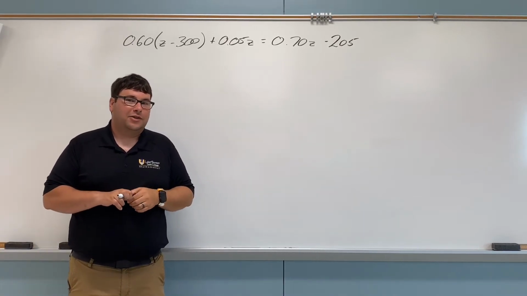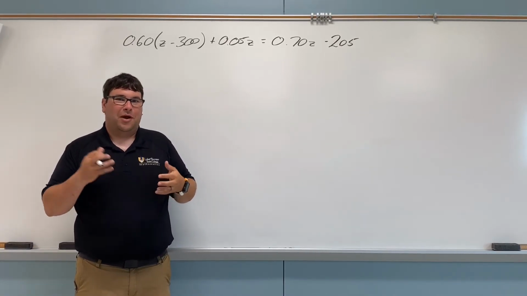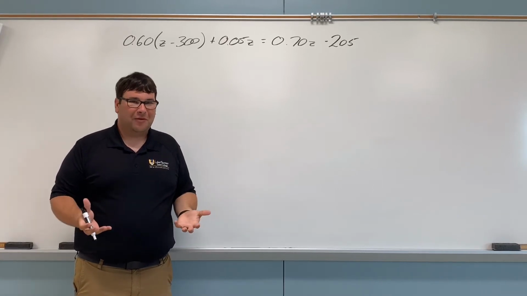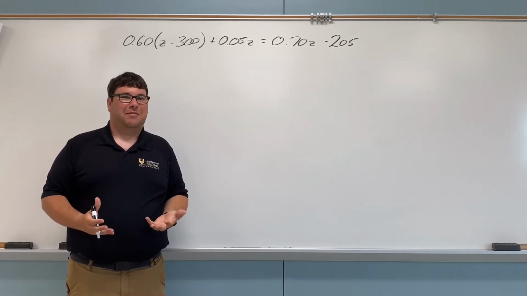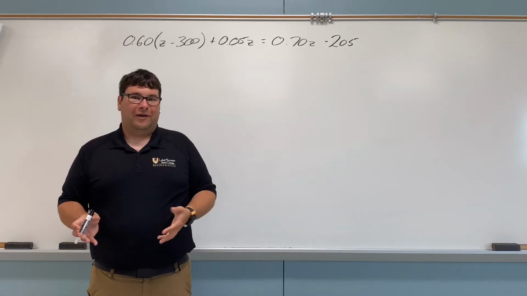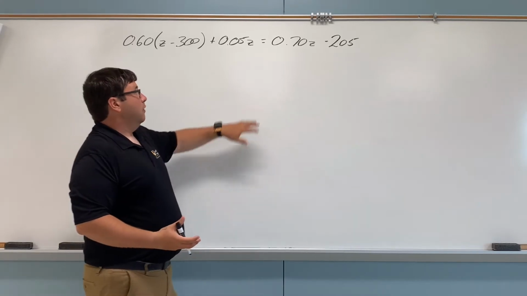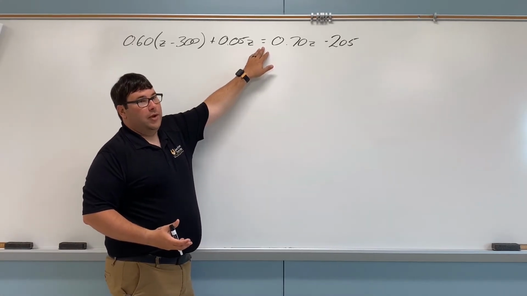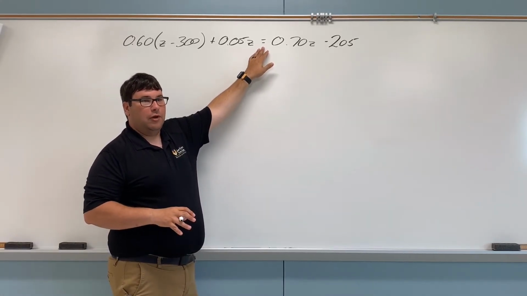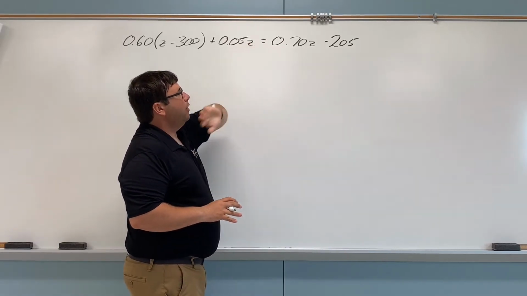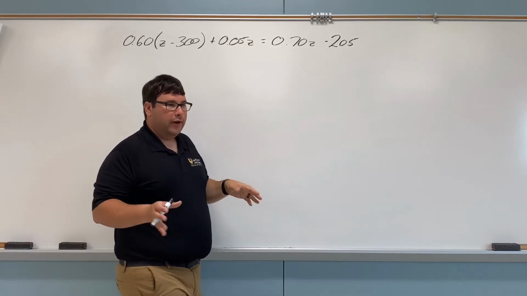Now, just like the last problem, where most people don't necessarily like fractions, most people don't like decimals either when they're working in math. So we're going to go ahead and clear all of these decimals. And again, we can do this because we are working with an equation. If you are not working with an equation, don't do this step. However, we're working with an equation, we want to clear our decimals.